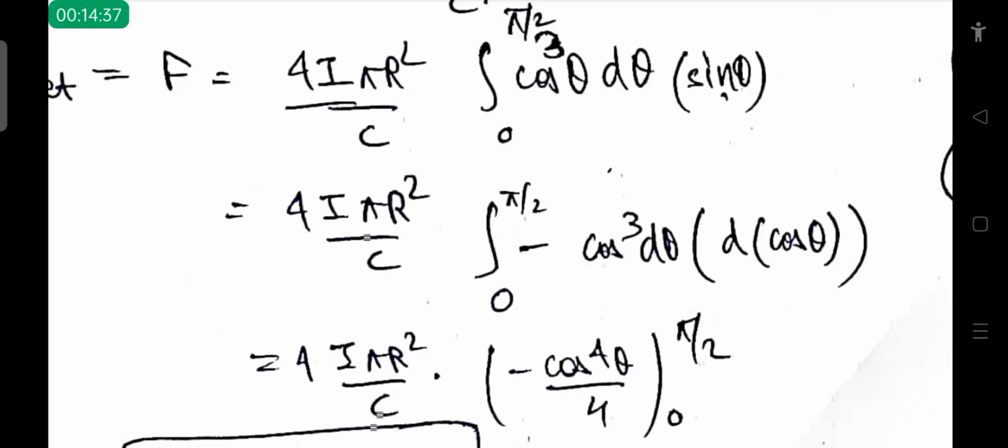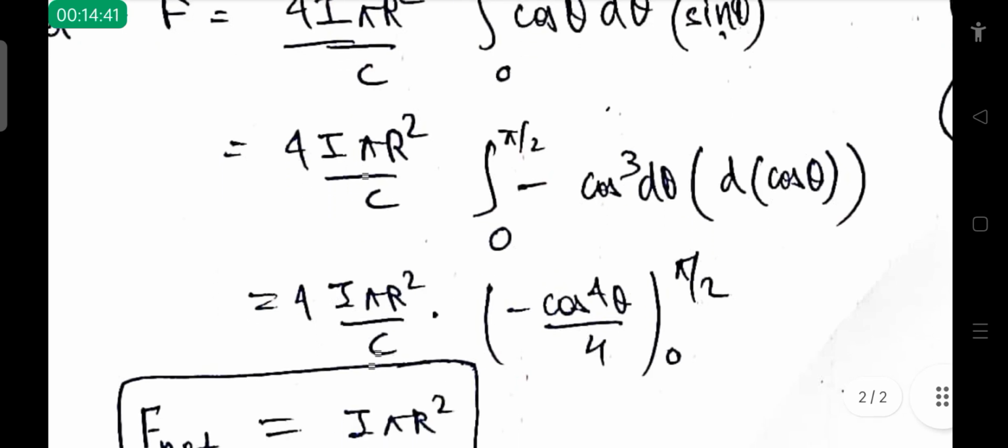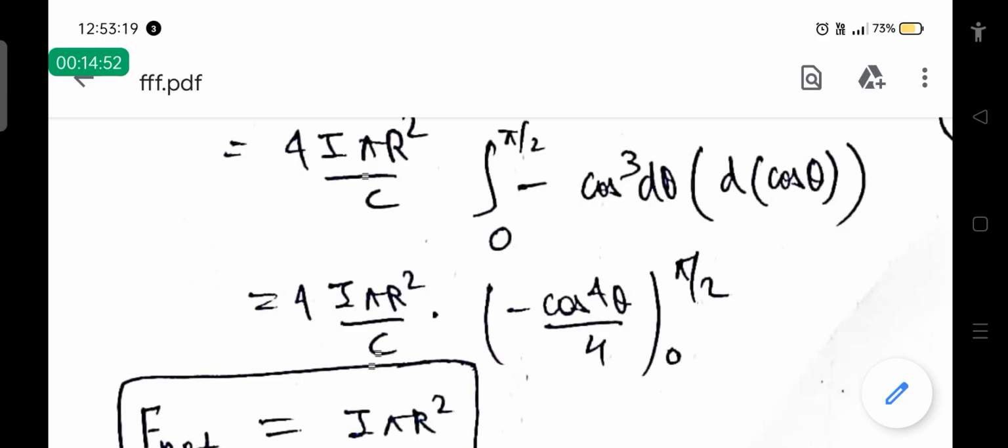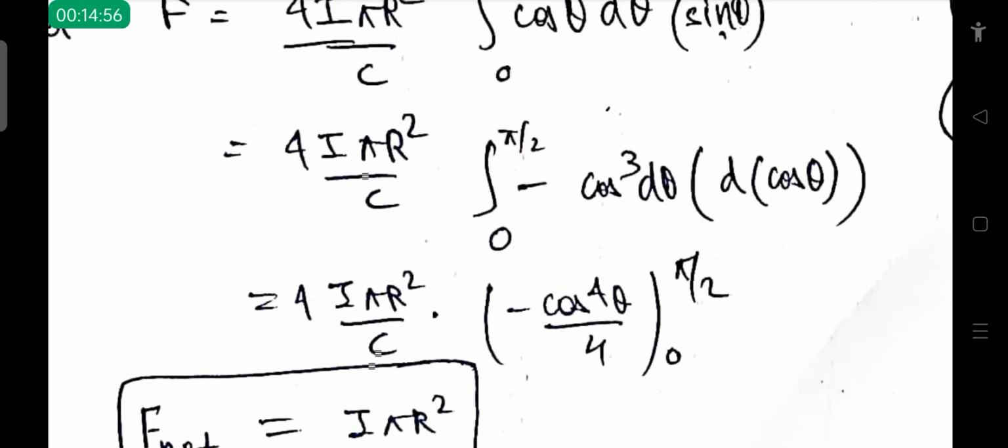So you can assume that cos theta is some x, cos cube theta is x cube, so it will be cos cube theta, and it's not d theta, that's a mistake. So it is cos cube theta into d of cos theta, right?